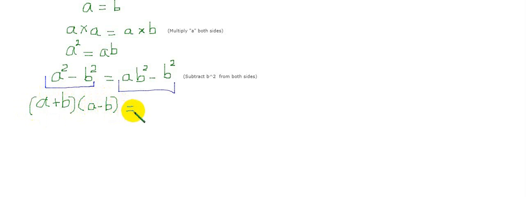And on this side we'll take B as common, as both the terms have B as a common factor. So B common, and then there's a mistake. It is not AB square, it is just AB.